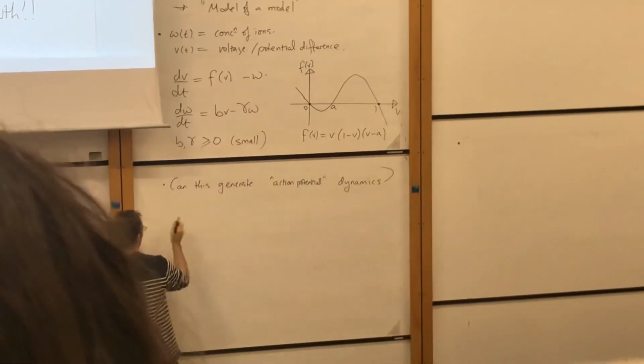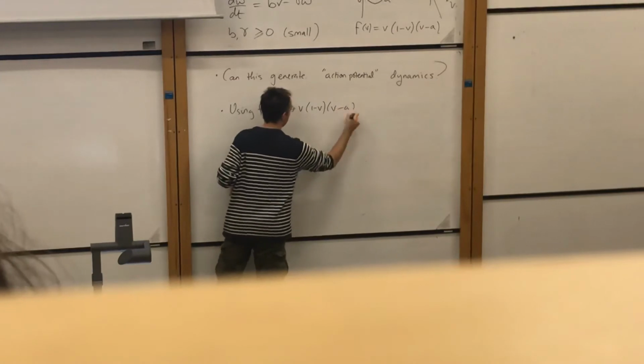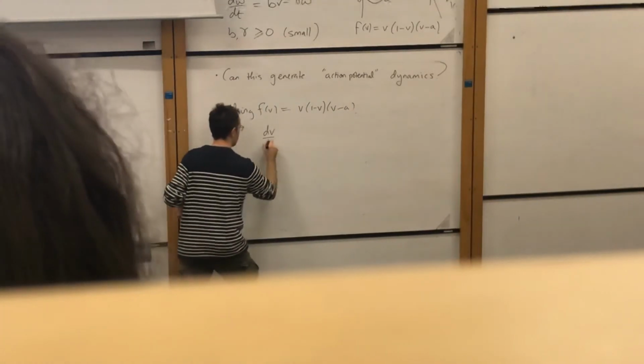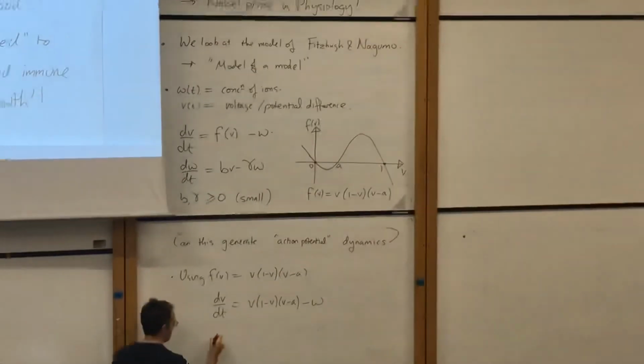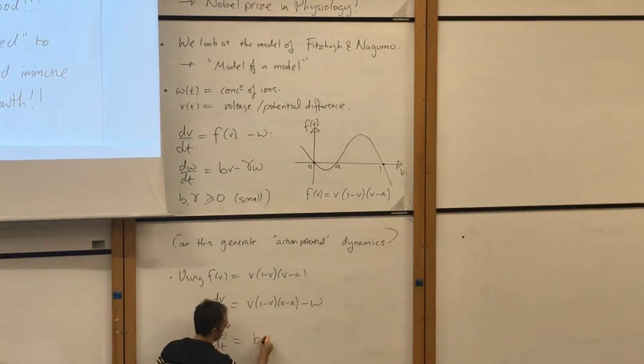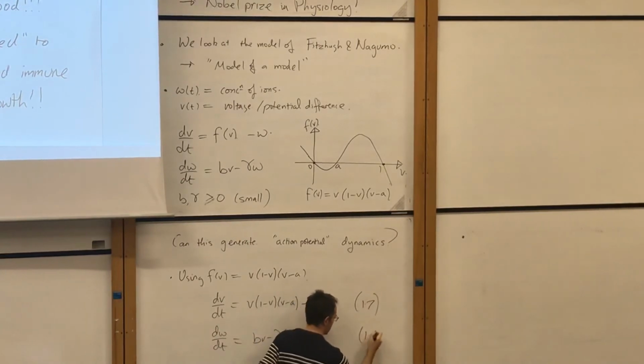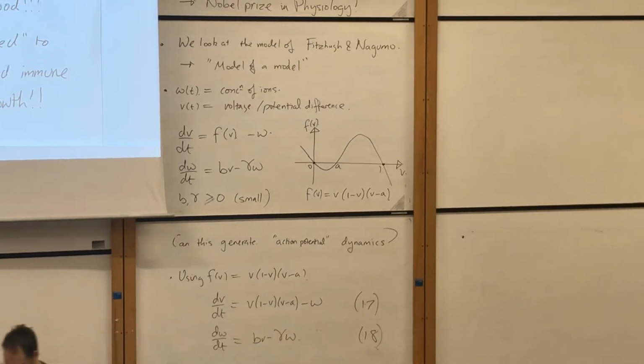So let's use f of v equal to v times 1 minus v times v minus a, and then my equations are going to become dv/dt equals v times 1 minus v times v minus a, minus w, and dw/dt equals b v minus gamma w. If you're following in the printed course notes, those are 1.7 and 1.8.